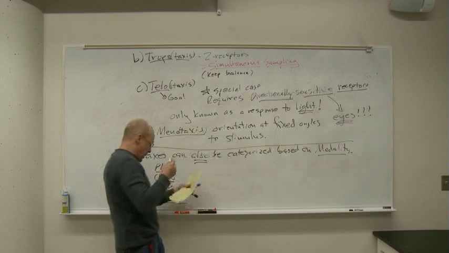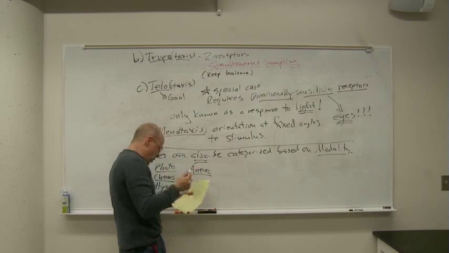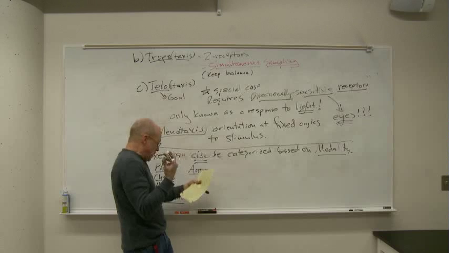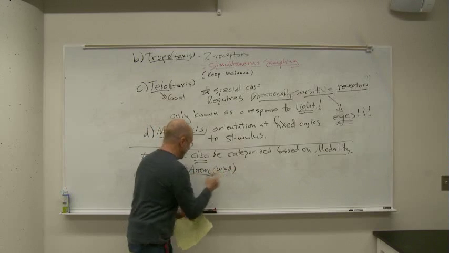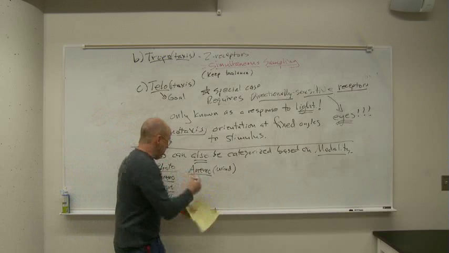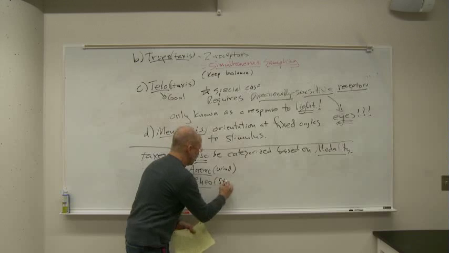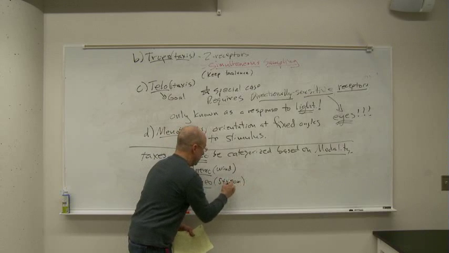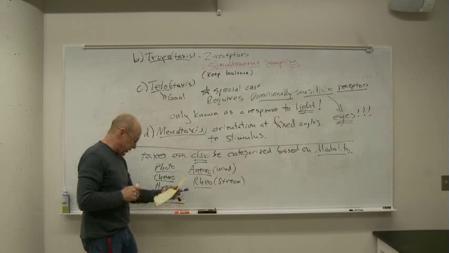And then we could go with anemotaxis. This one you don't know, so I guess I would give you a little more information. This would be wind or breeze. These guys you do know, so I'm not even going to give them to you. Rheotaxis is a category. This has to do with stream. So moving water, of course, is an opportunity for rheotaxis.